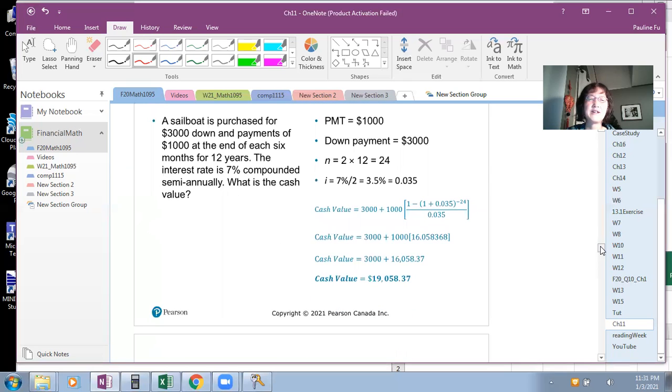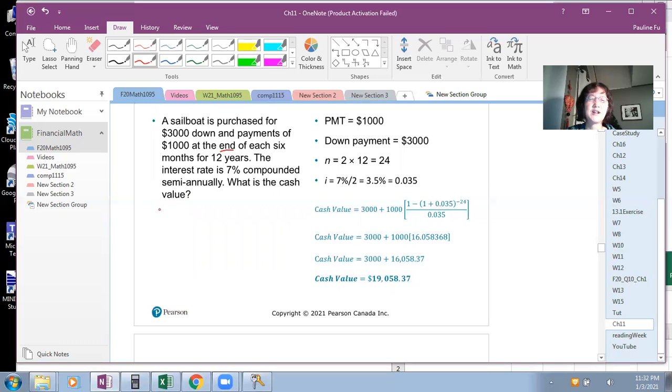Now let's look at an example. A sailboat is purchased for 3,000 down and payments of 1,000 at the end of each 6 months for 12 years. The interest rate is 7% compounded semi-annually. What is the cash value?